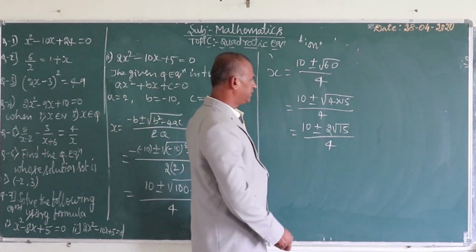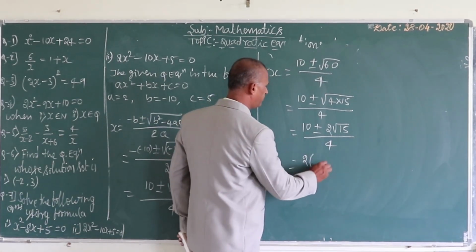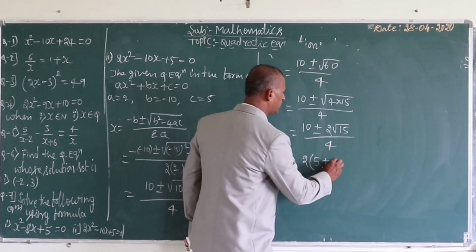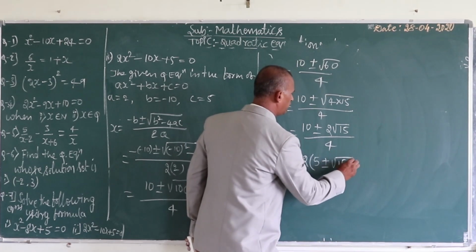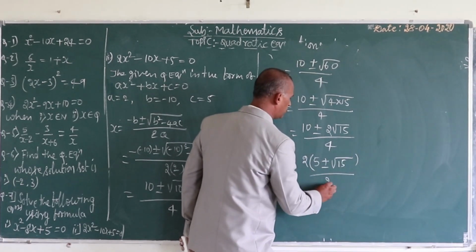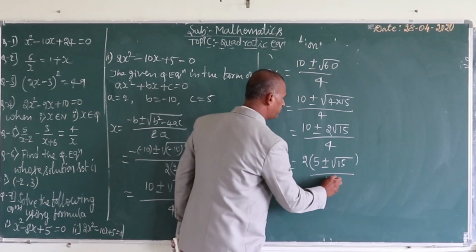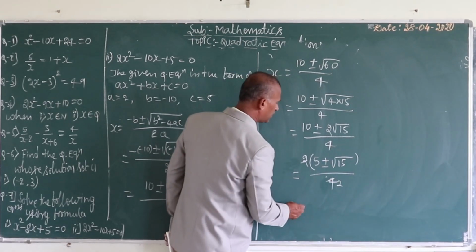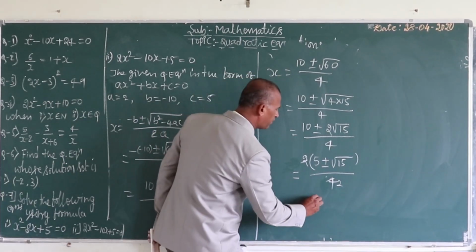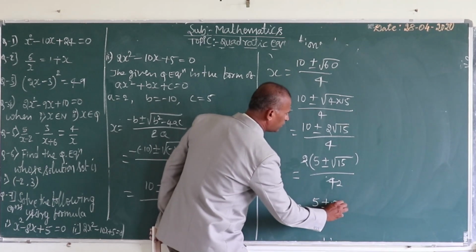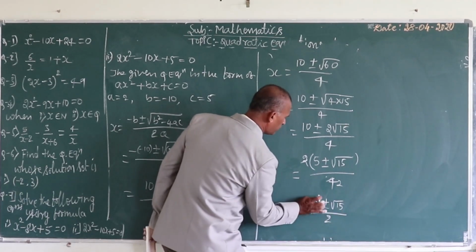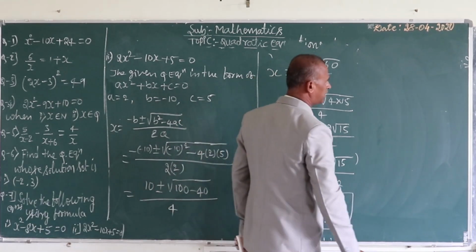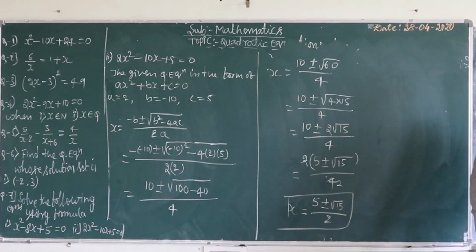In the numerator we take common 2, so 2 times 5 plus or minus root 15, by 4. Now 2 1s are 2, 2 2s are 4, so I can write 5 plus or minus root 15 by 2. That's all.